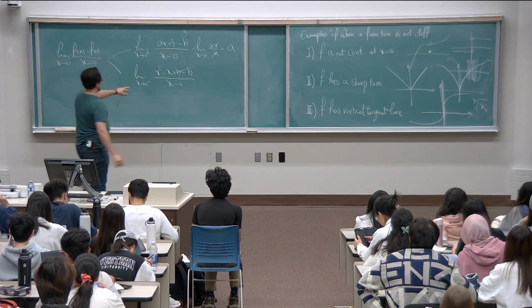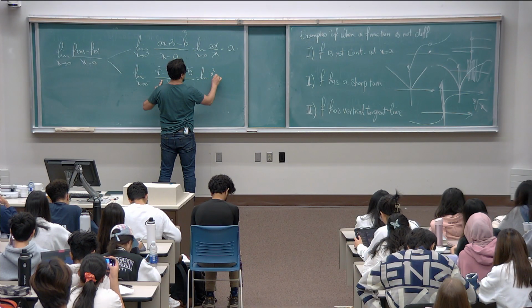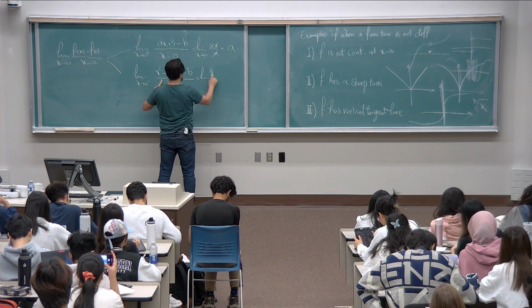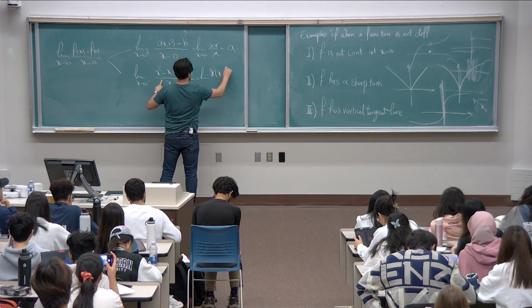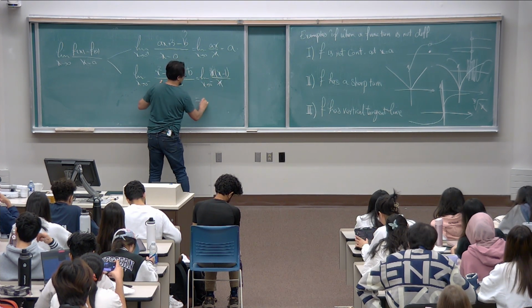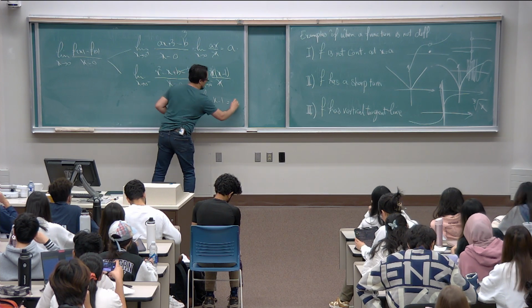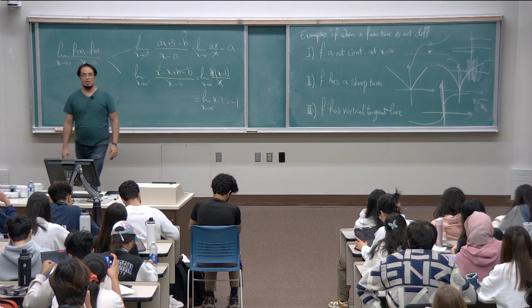This other one is the limit of x squared minus x, so I can factor out x over x. These two cancel. You get the limit of x minus 1 as x goes to 0. And that is negative 1.